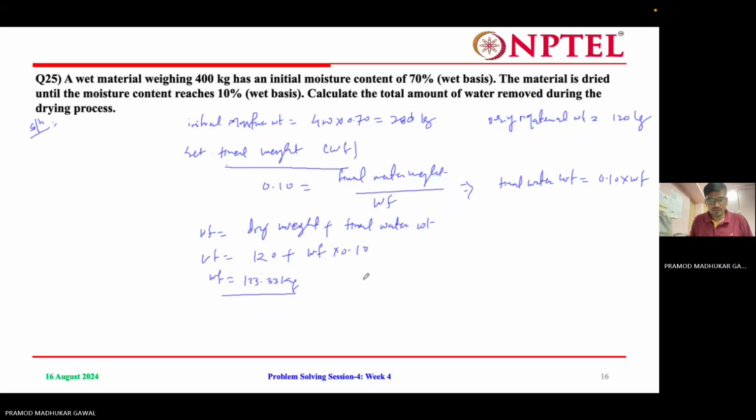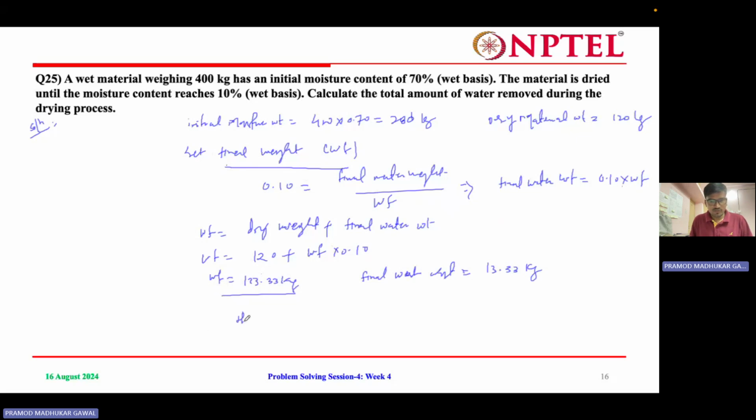So the final water weight is equal to 0.10 into this one, so you get 13.33 kg, right?